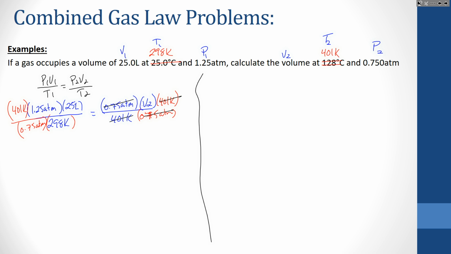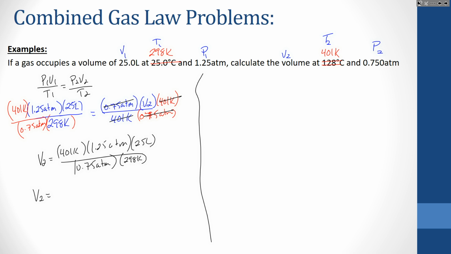So what we're left with is V2 equals 401 Kelvin times 1.25 atmospheres times 25 liters divided by 0.75 atmospheres times 298 Kelvin.